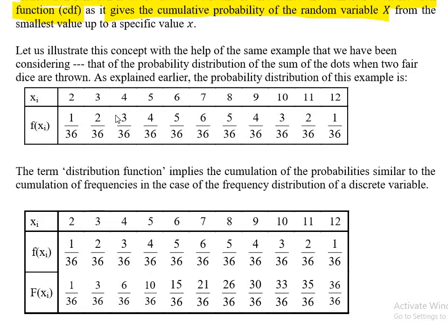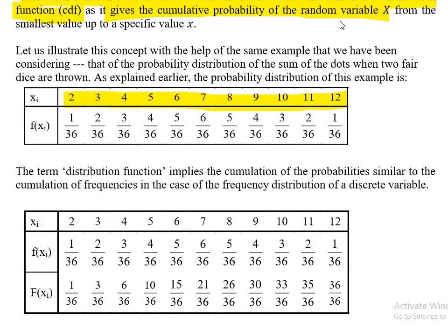This is the example which we studied earlier, when two dice are rolled and X denotes the sum on two dice. You remember, when X is the sum on two dice, then X can be from 2 to 12, because the sum can be at least 2 and at most 12, because 6 and 6 are the maximum, so 6 plus 6 is 12, and 1 and 1 are minimum, so 1 plus 1 is 2, right?